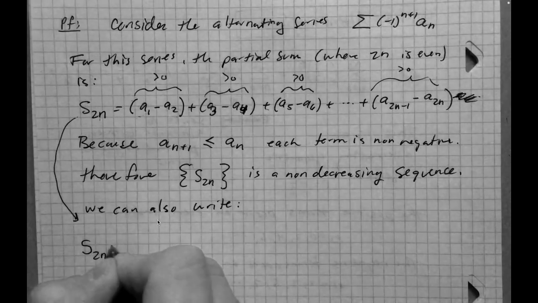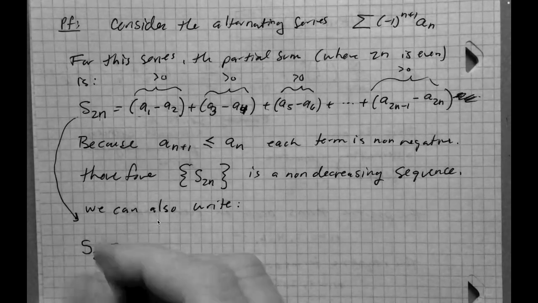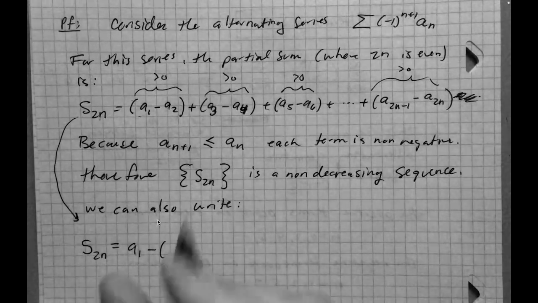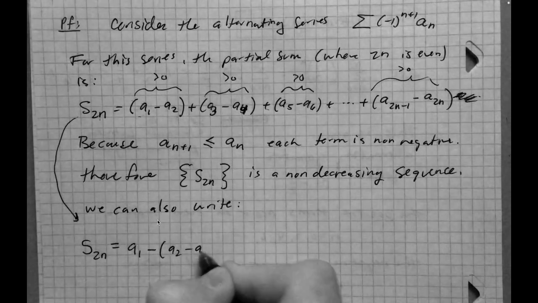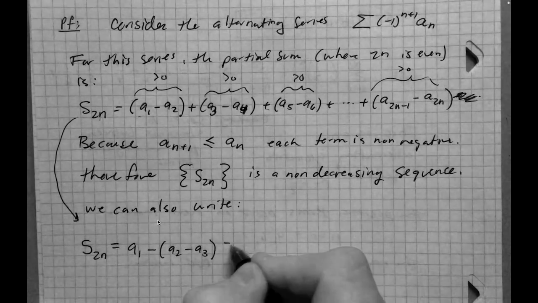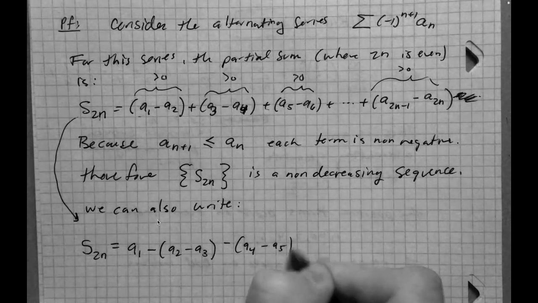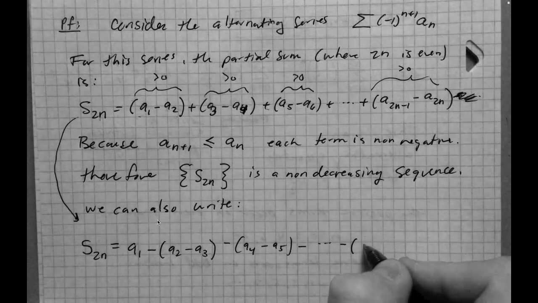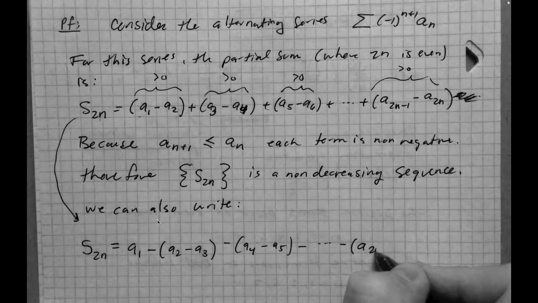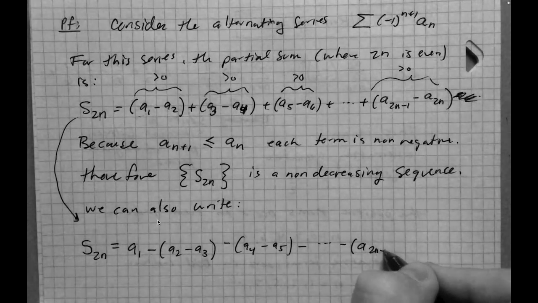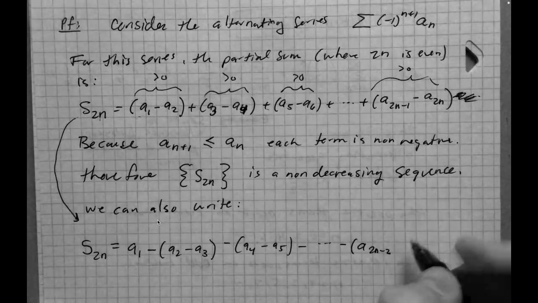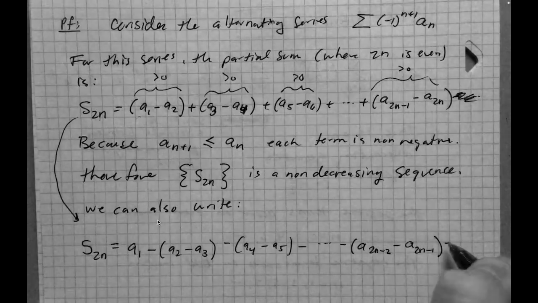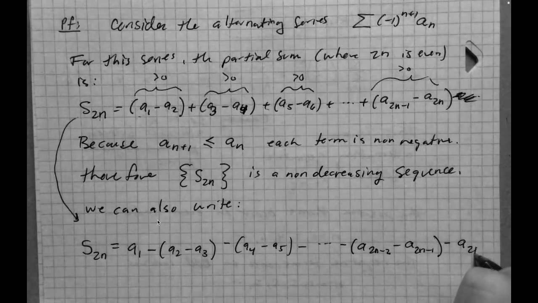S of 2n is equal to a1 minus a2 minus a3 minus a4 minus a5 minus dot dot dot minus a of 2n minus 2 minus a of 2n minus 1 minus a of 2n.